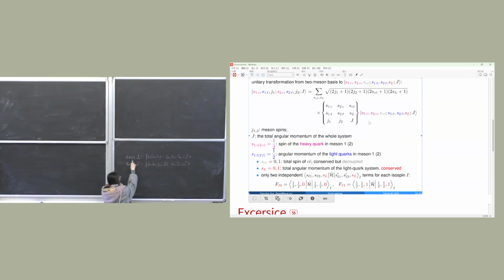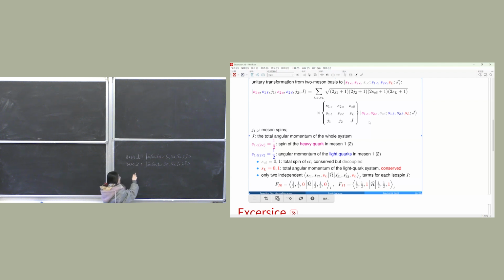For basis 1, we couple the heavy quark spin and the other heavy quark spin together first, and the light degree of freedom of the first particle and the light degree of freedom of the second particle, and couple them to SL. Then we couple the heavy quark part and the light part to the whole angular momentum.